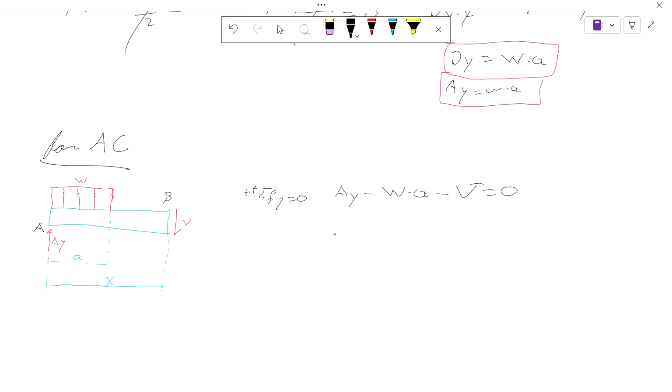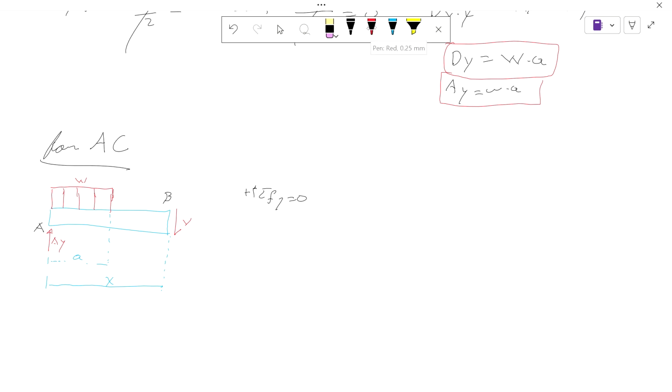So in that case, we have that V is AY, which is WA, minus WA. Well, I have something here to fix.